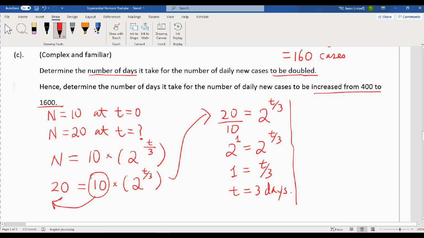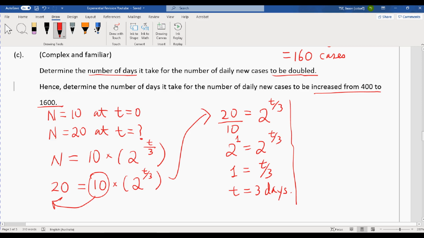That should be 4 times. 4 times 400 equals 1,600. But what's the relationship of that 4 times to the answer we've just got for the time for it to double?